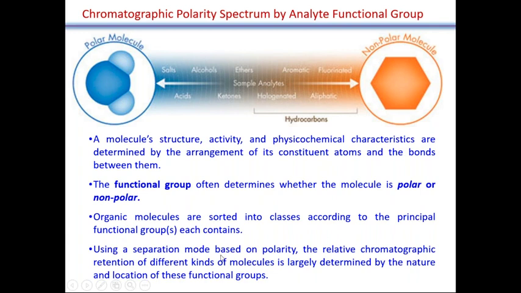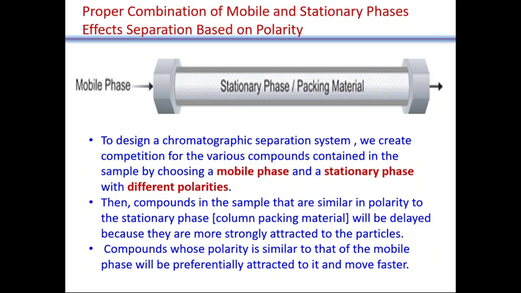So organic molecules can be sorted into classes according to their functional groups. And based on that functional group, the separation mode based on chromatography is largely determined. So we need to know a part of their functional groups. Next, we need to combine the proper mobile phase and the stationary phase to get the separation.